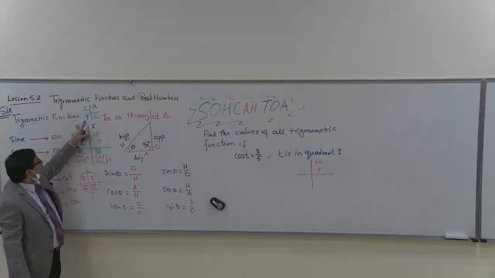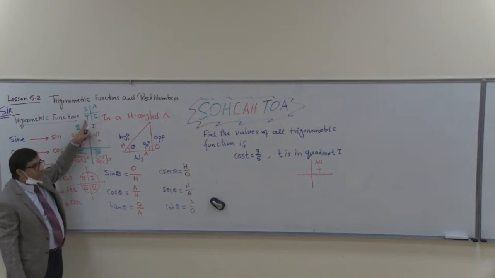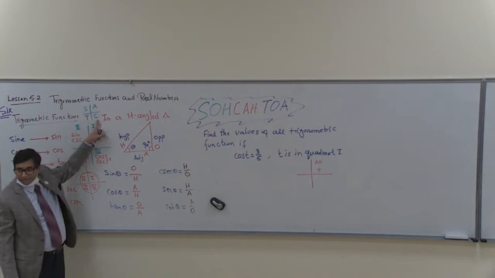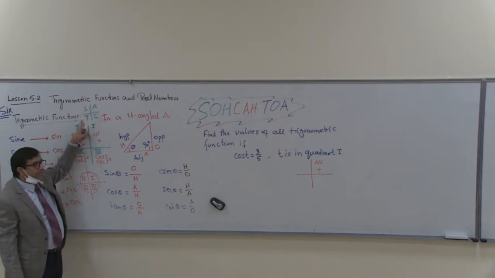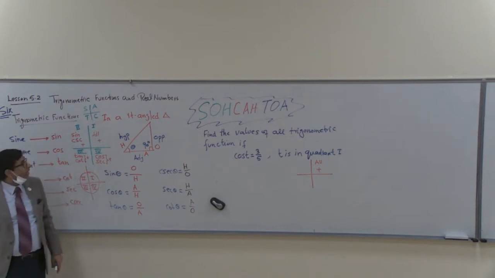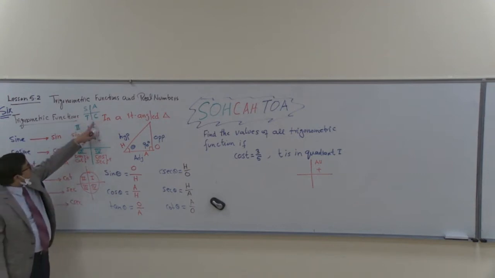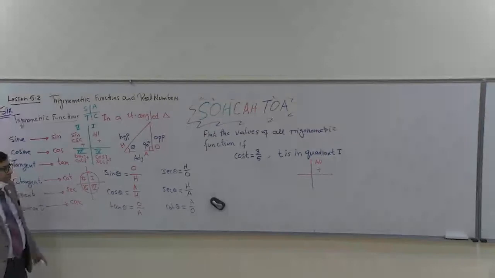All students try cheating. All students take chocolates. All silver tea cups. So remember what is easy for you. ASTC will give you a clue how to remember the sign of the trigonometric functions in different quadrants.